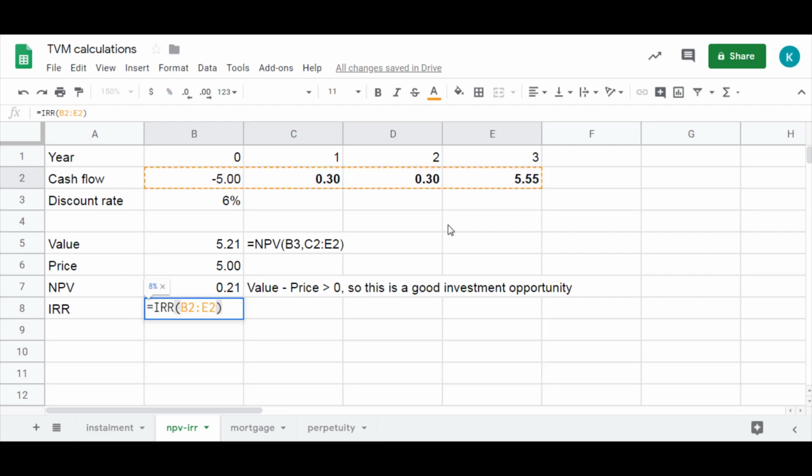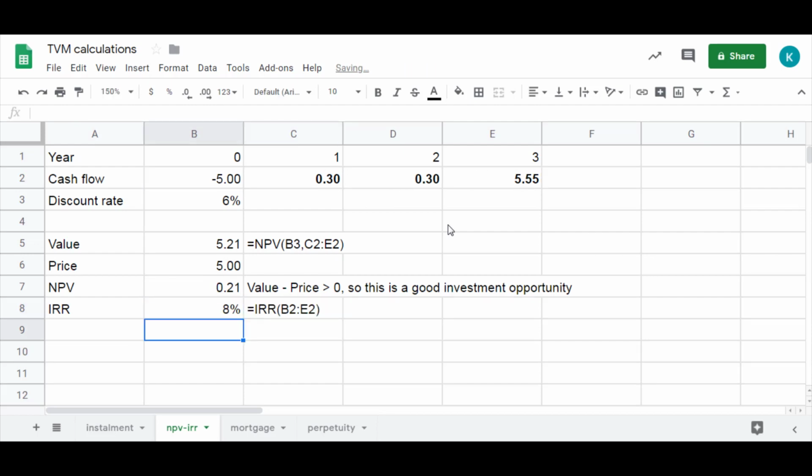As you close this calculation, it will give you the rate of return. Now, let's unfold decimal places to see the numbers. And here we get 7.55%, like our example in the sheet. So if your IRR is greater than the discount rate, hurdle rate, cost of capital, if you will, then this is a good investment opportunity.